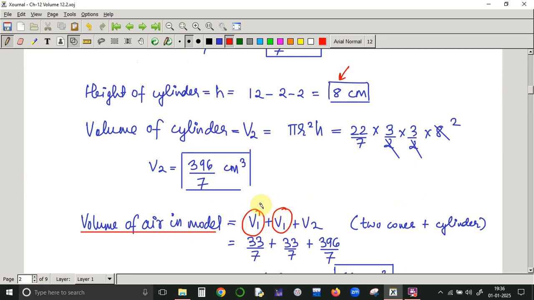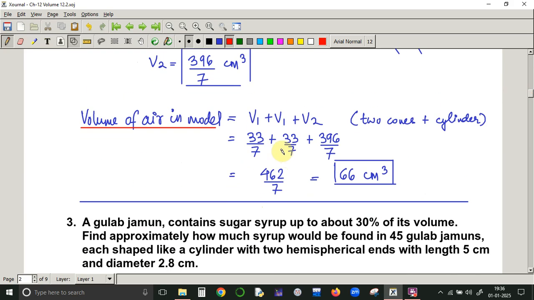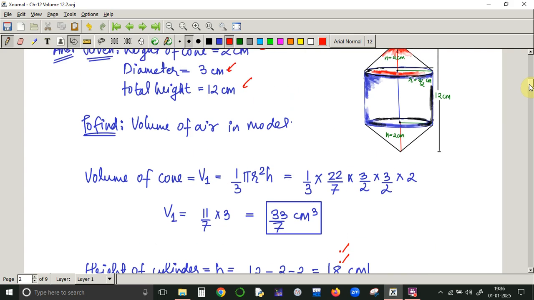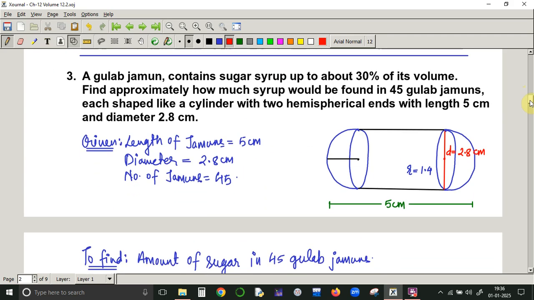So what is V1 plus V1? Volume of cone taken twice. So you can write it like this also, 2 times V1. Now take the LCM. It's very simple to take the LCM because denominators are same. And in the end, divide it, you will get 66 centimeter cube. I hope this example is clear.